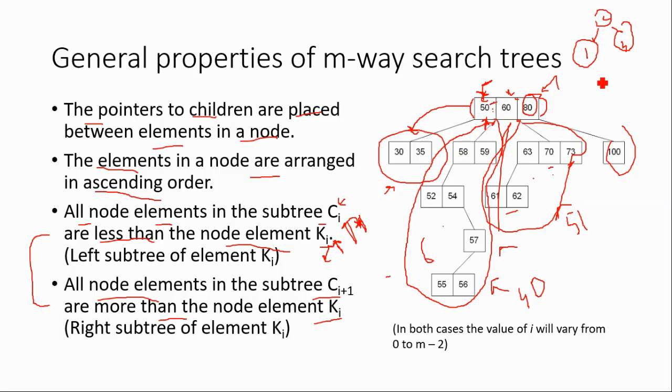So whatever property we had in our binary search tree, this is an extended form of the property in the M-way search tree.